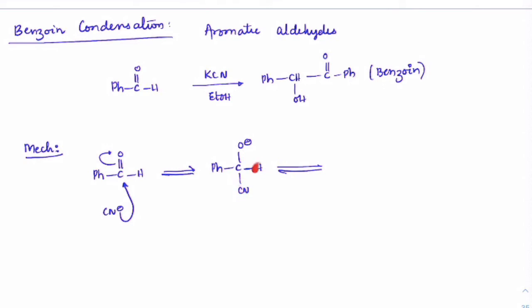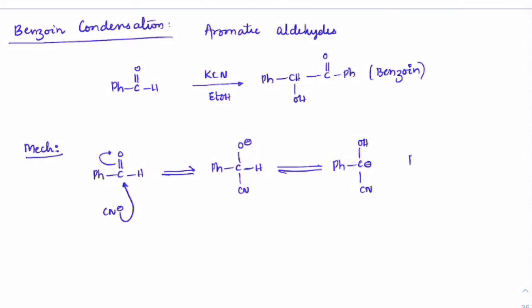So this H plus can be transferred, an intramolecular transfer can be observed, and you will have C, OH, C minus and CN. The C minus is resonance stabilized on both sides, CN also and Ph also. That's why this intramolecular proton transfer takes place.